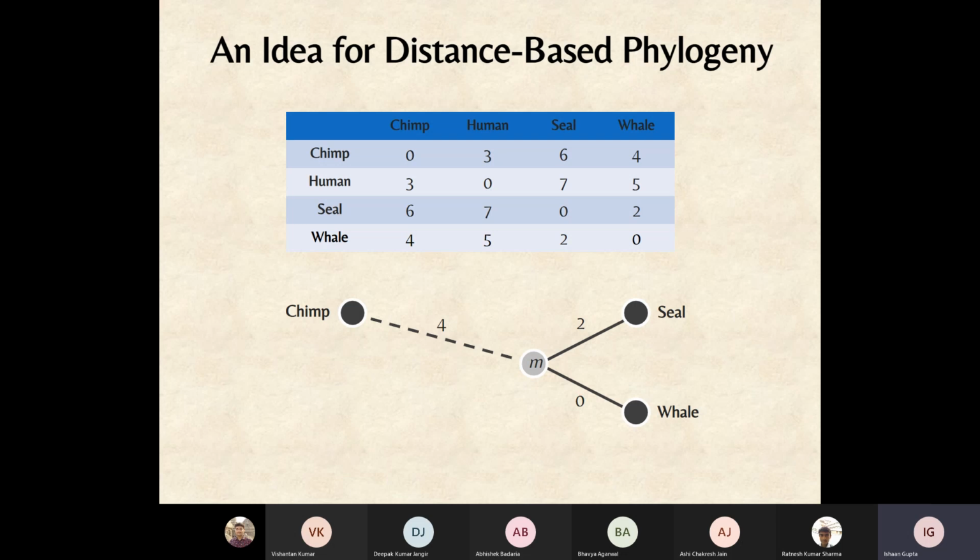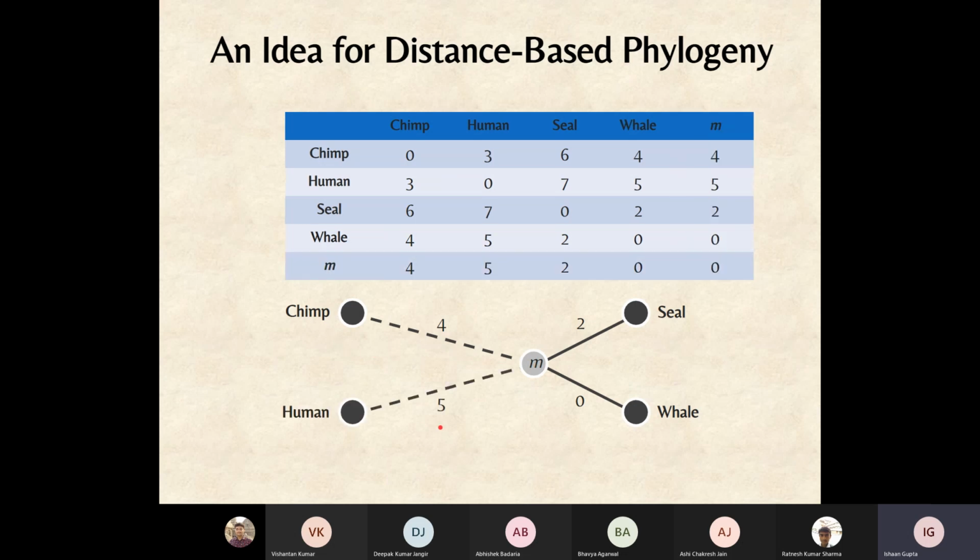Now the next thing that you can do is you go back and you see that human and chimp seem to have a value which is lower than 4, which basically means that they must be neighbors, not M and chimp, right? Sorry, I think I missed a step.